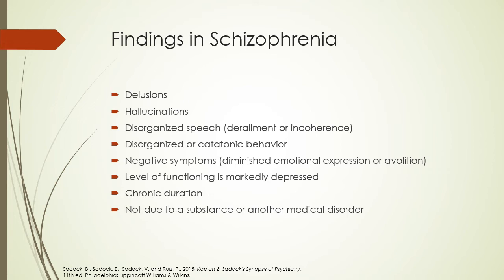It is different when the person hears, but the voices come from inside. The voices should be coming as if they are heard by the ear. A next finding in schizophrenia is disorganized speech. There can be derailment or incoherence.